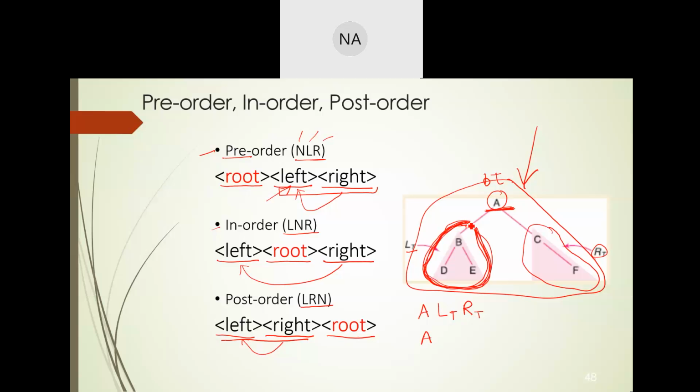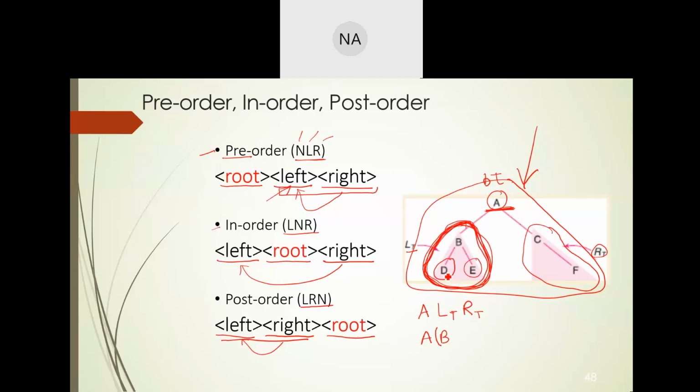So you will be processing this subtree in pre-order. In the pre-order, the root is processed first. The root of this subtree is B, right? So let's put brackets to distinguish this subtree from the other subtree, RT. So B, and then the left subtree of this node, and the right subtree of this node will be traversed next.